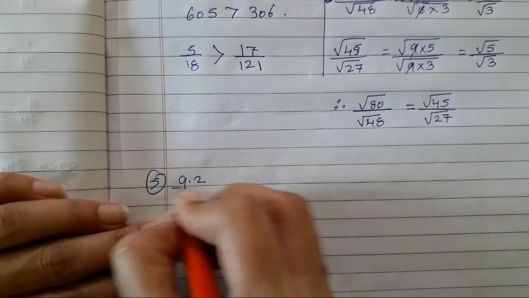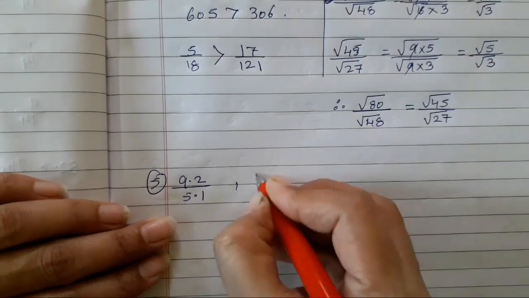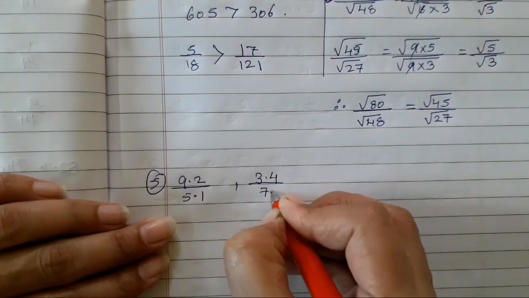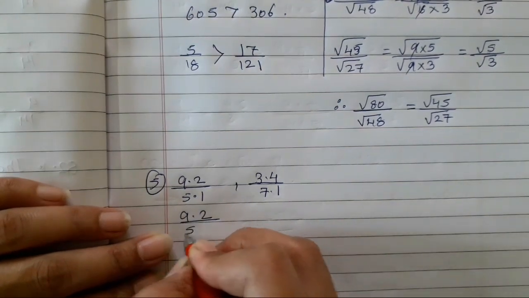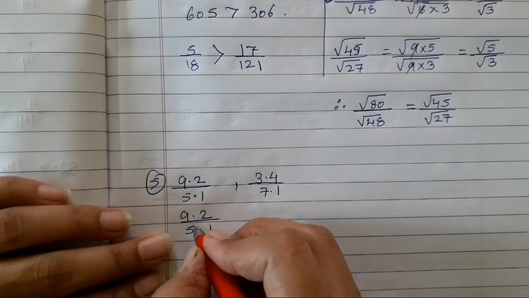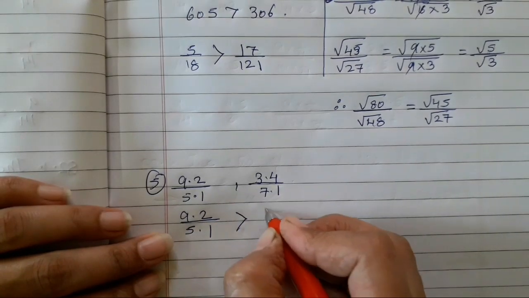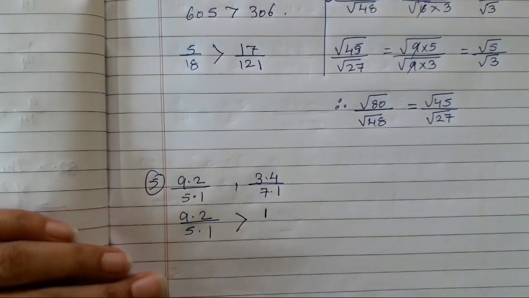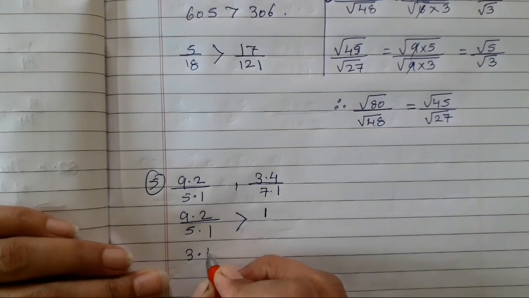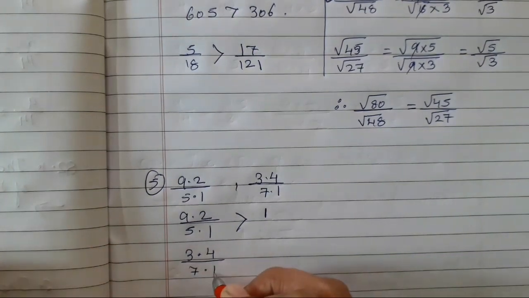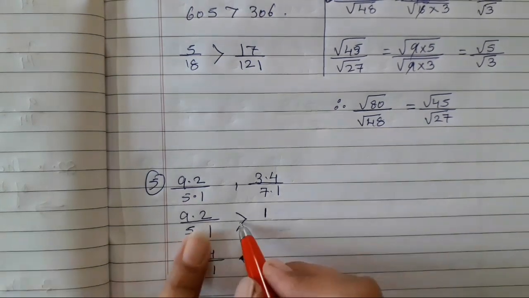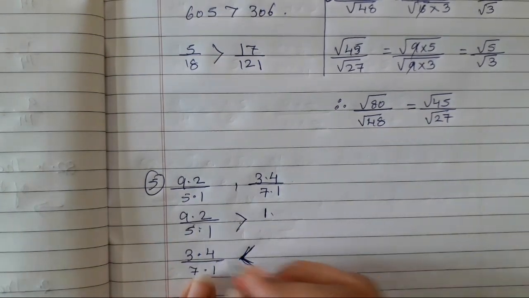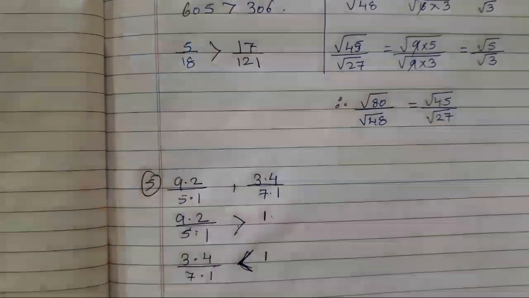That is 9.2 upon 5.1 and 3.4 upon 7.1. So 9.2 upon 5.1 is greater than 1, and 3.4 upon 7.1 is smaller than 1. Got it? Because it is in decimals, this is smaller than 1 and this is greater than 1.